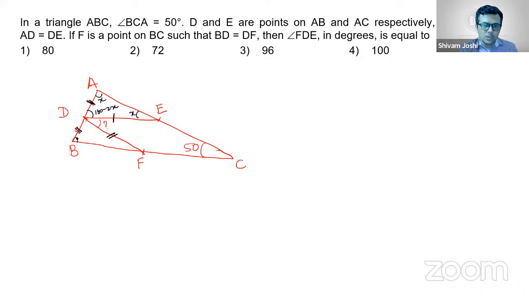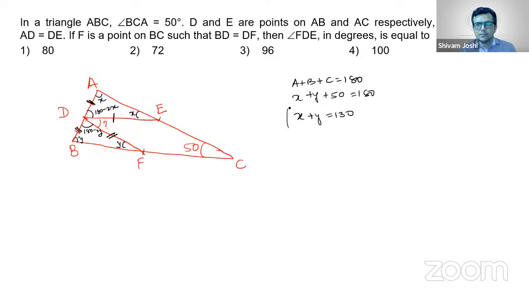Take them as Y each. So this is going to be 180 minus 2Y. Now you know that from the original triangle, A plus B plus C is 180. A being X, B being Y, C being 50 is 180. So X plus Y is 130, right?